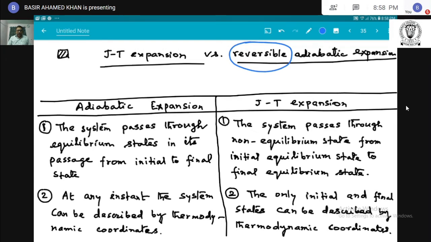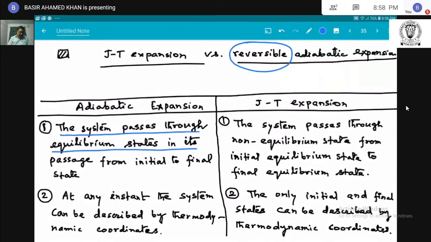That's why I compare adiabatic expansion and JT expansion in a table form. The first point is that in reversible adiabatic expansion, the system passes through equilibrium states in its passage from initial to final state.